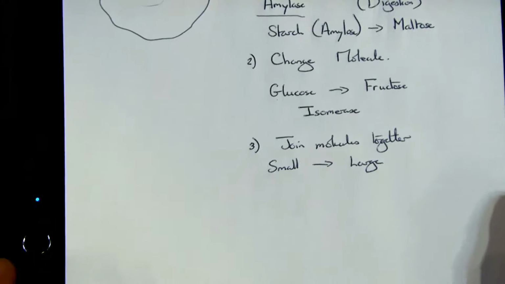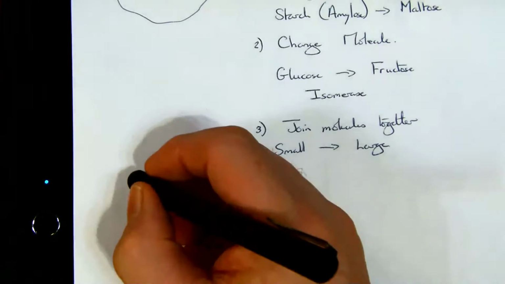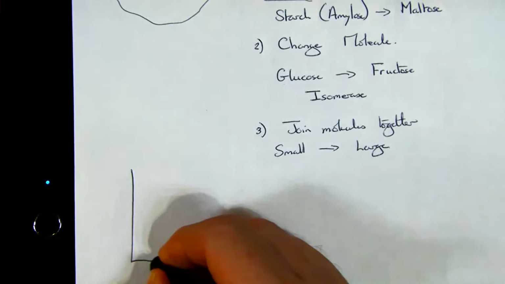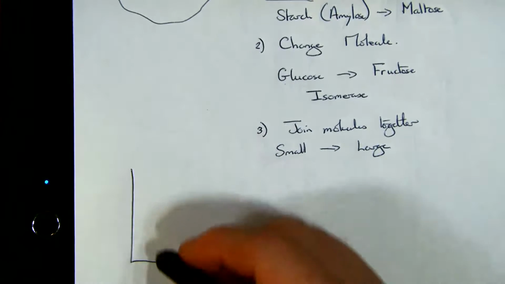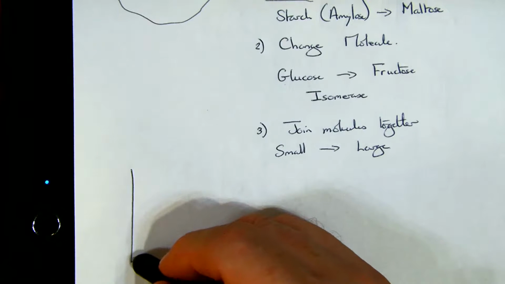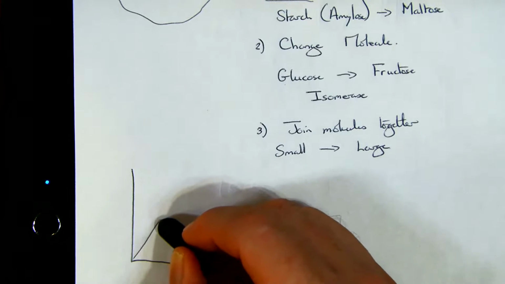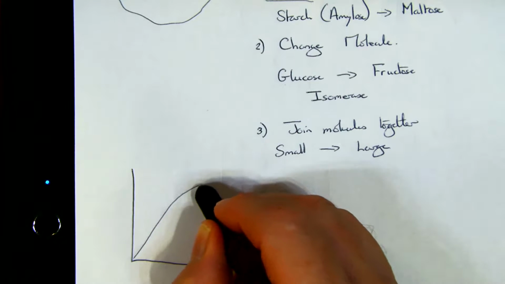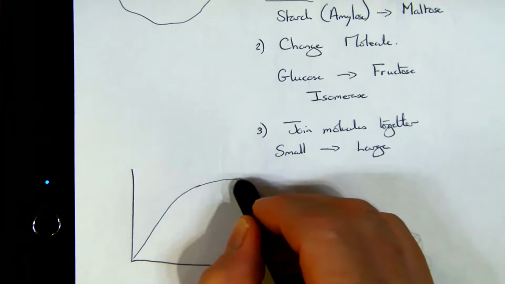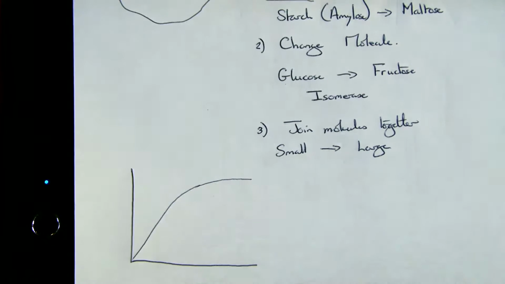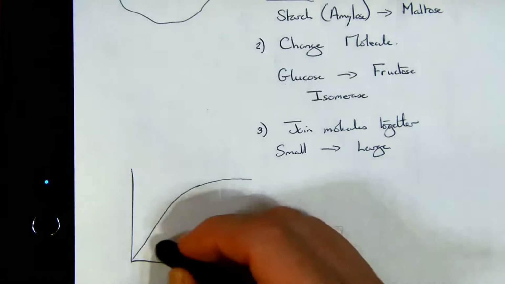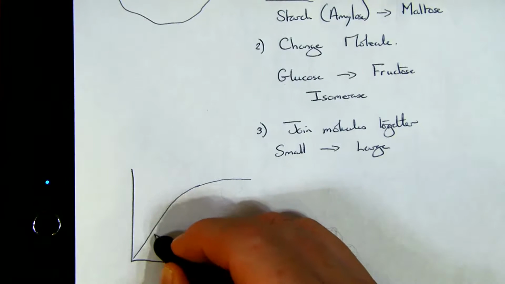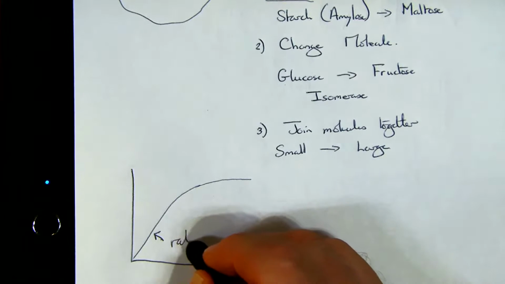Finally, let's just look at the rate of an enzyme. And we often find an enzyme starts off quite quick, but then gradually slows down. And this is here the rate of an enzyme.